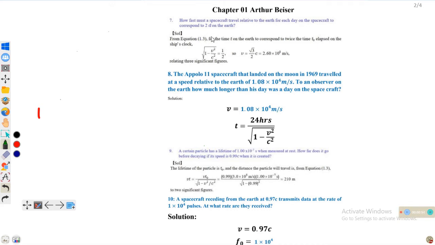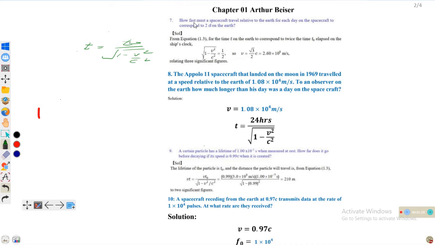So we are given a spacecraft traveling at a high speed. It means we are dealing with time dilation effects. The difference between these two frames is related by the time dilation formula: t equals t naught over the square root of 1 minus v squared over c squared.